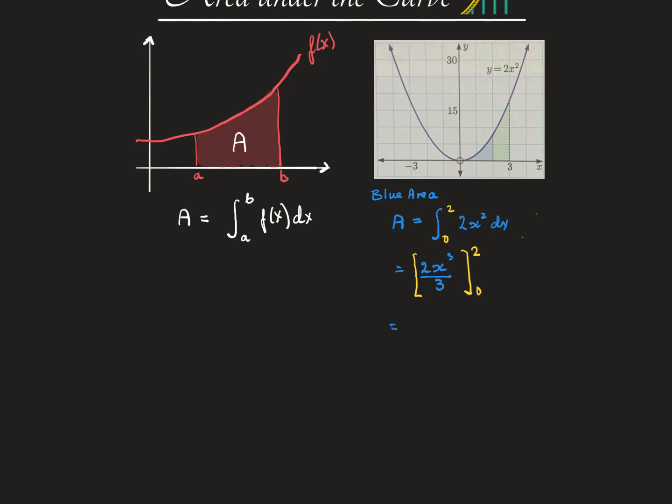And substituting first of all for 2, we'll have 2 times 2 to the power of 3 over 3, minus the substitution with 0, which is just going to give us a 0 anyway. We are left with 16 on 3, which is 5 1/3 square units, because this is area.